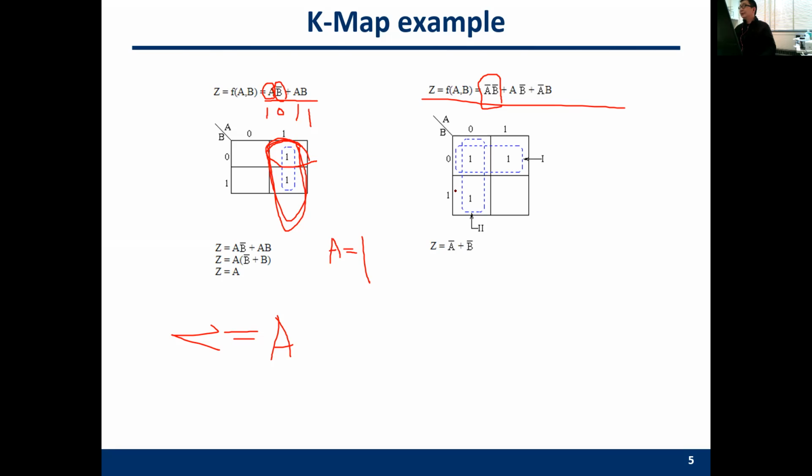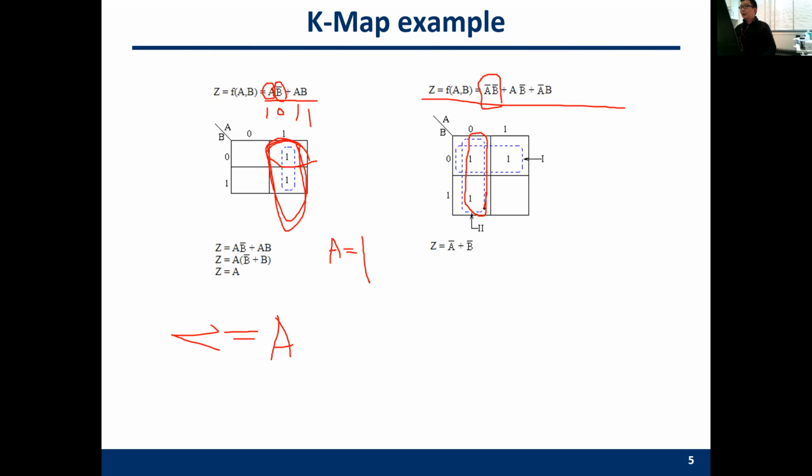Yes, because 2 is 2 to 1. 3, no, because 3 is not a 2 to n. 4, yes, 4 is 2 to 2. Because we need to draw a circle as large as possible, we cannot only cover this single one. We have to cover 2 ones at least.